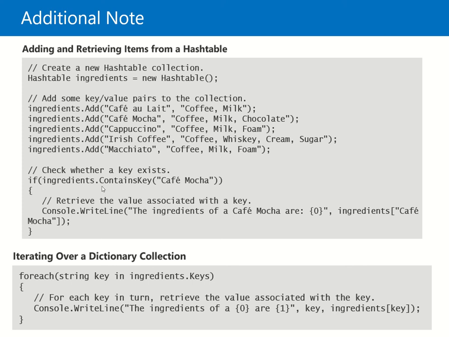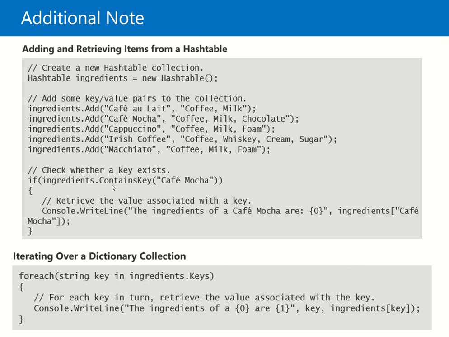You can use the for each, or you can use the if function, to retrieve the value. For example, if ingredients dot contains key cafe mocha, so if inside the ingredients there is any key that is equal to cafe mocha, this is what I want to do.